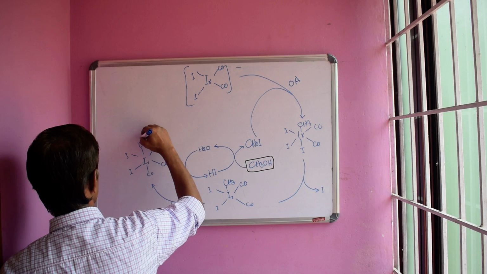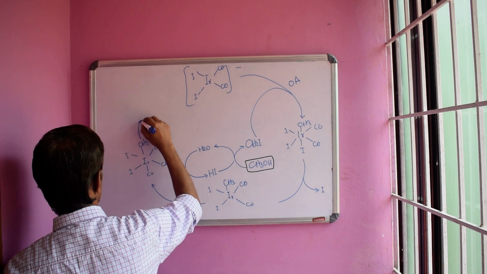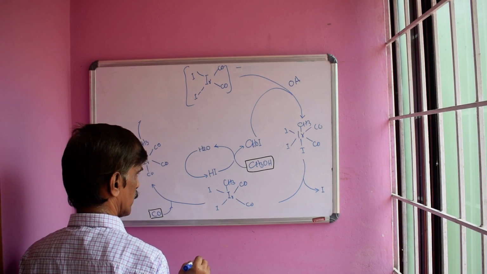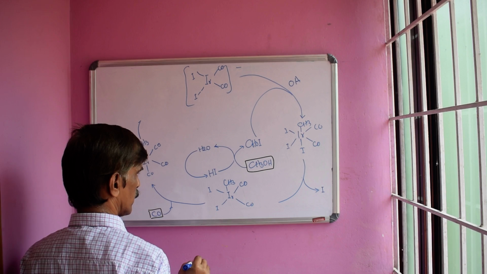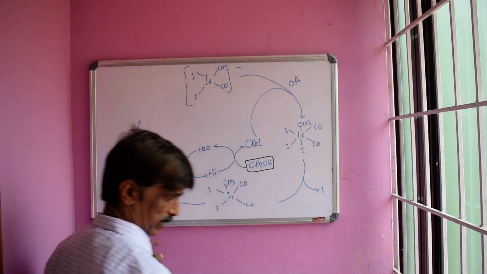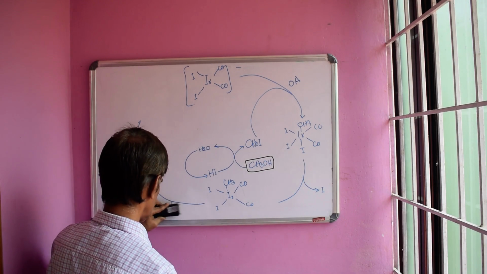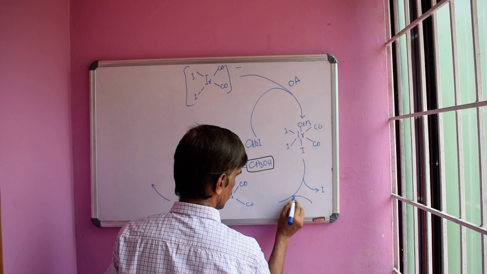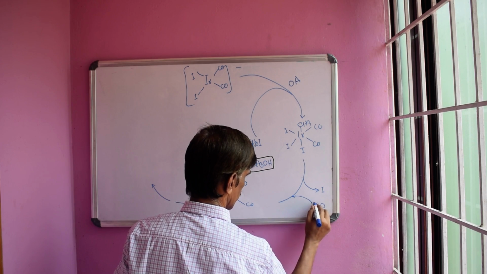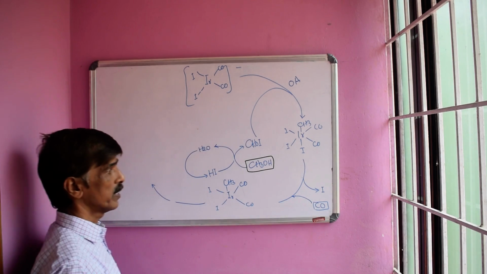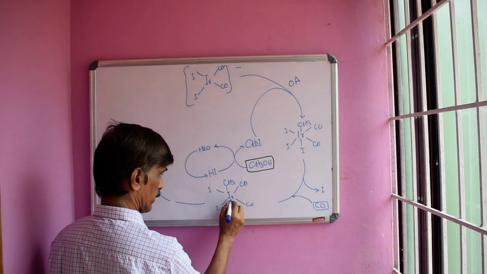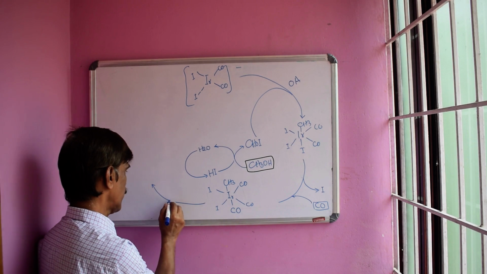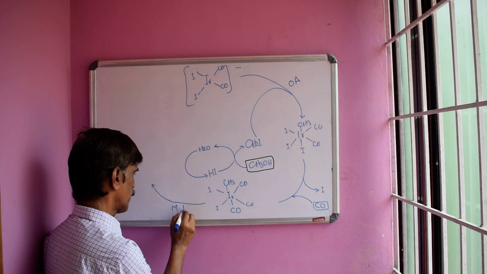Now, you can see that iodide is substituted with CO. So the next step is a migratory insertion.